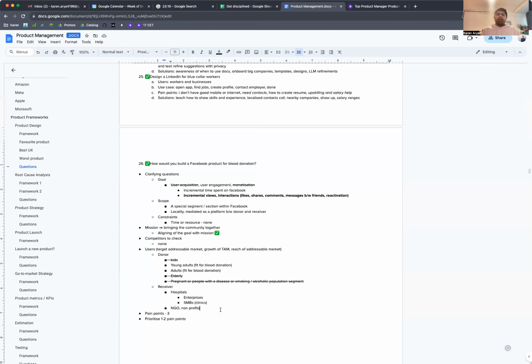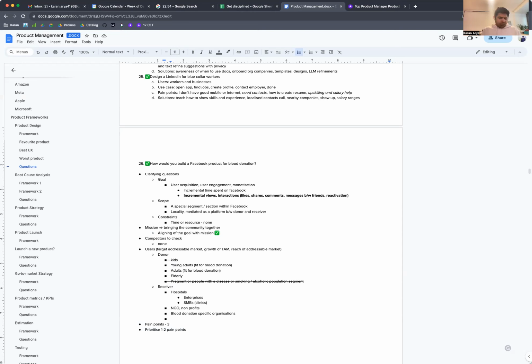And there are probably also blood donation specific organizations, I would assume, who might be interested in doing blood donation.